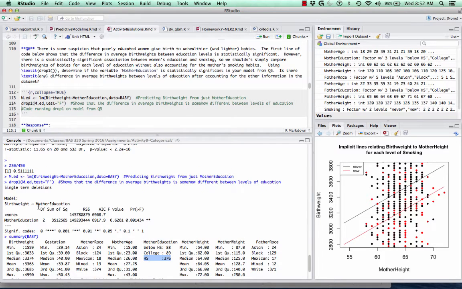These first 2 lines of code here basically say that there is a statistically significant difference in average birth weights between these 3 levels. Now, it doesn't tell us which levels are different, it just says that there is some difference. So it does look like a mother's education does have some sort of connection to the birth weight of the baby. All right, so that's pretty interesting here.